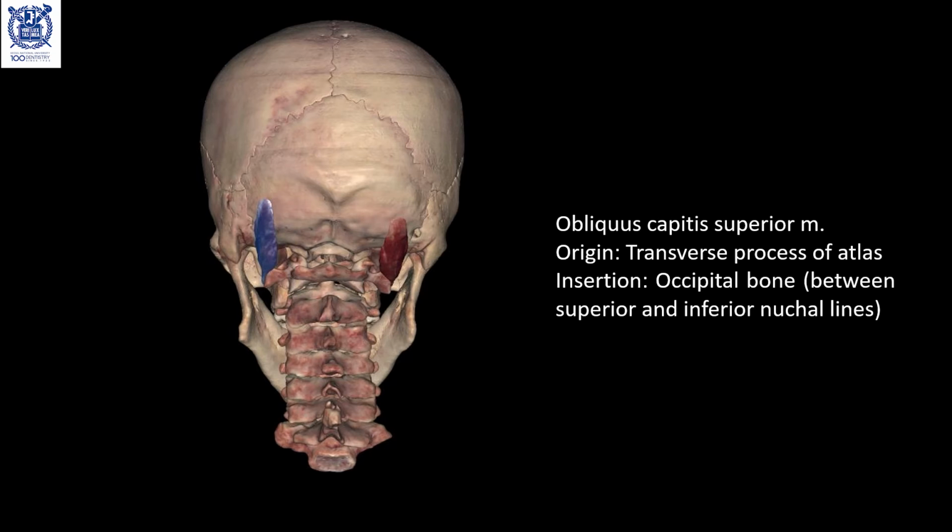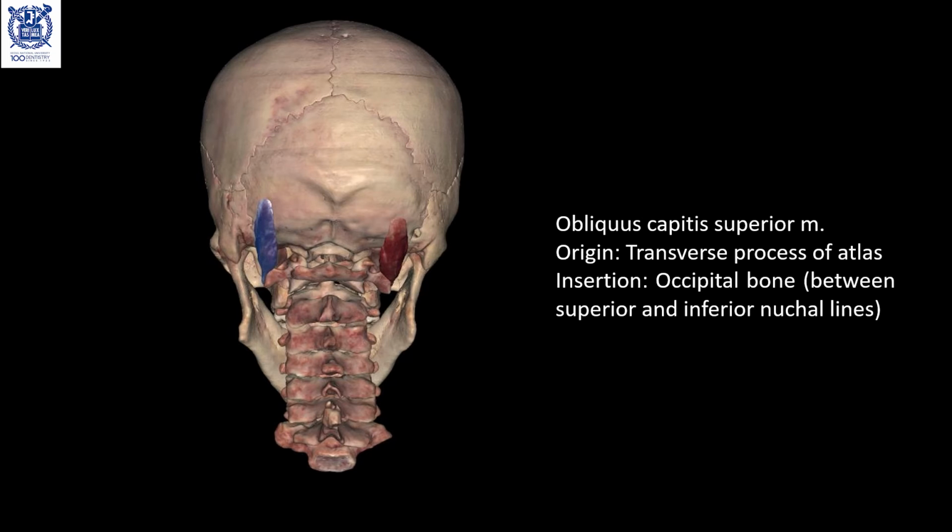Obliquus capitis superior muscle. It is a small muscle in the upper back part of the neck and is one of the suboccipital muscles and part of the suboccipital triangle. It arises from the lateral mass of the atlas. It passes superiorly and posteriorly to insert into the lateral half of the inferior nuchal line on the external surface of the occipital bone.